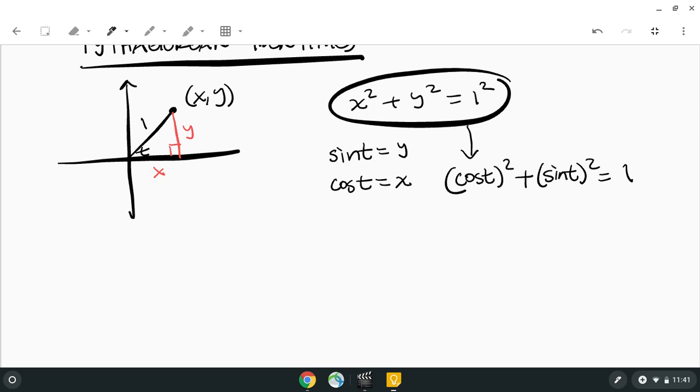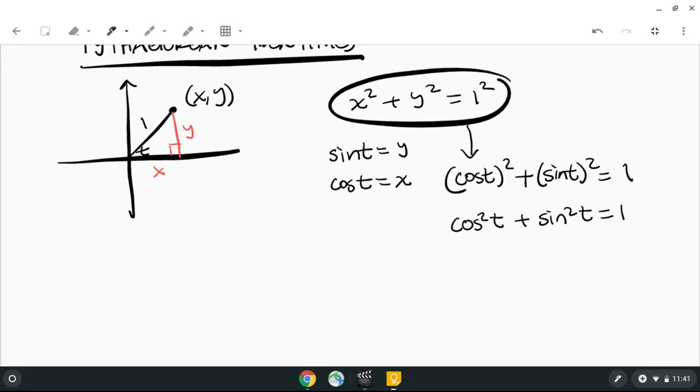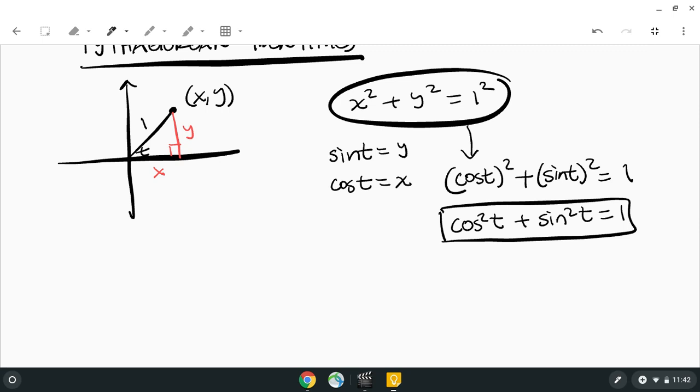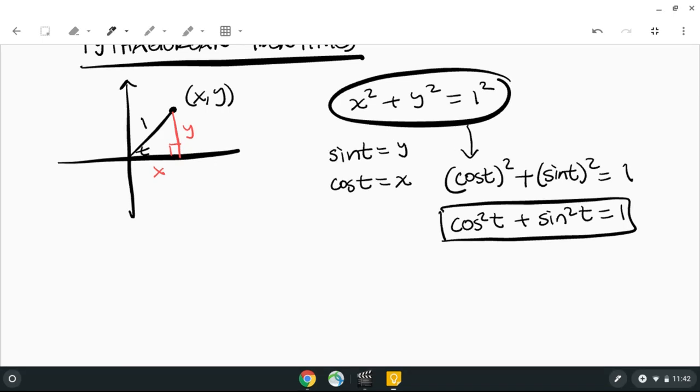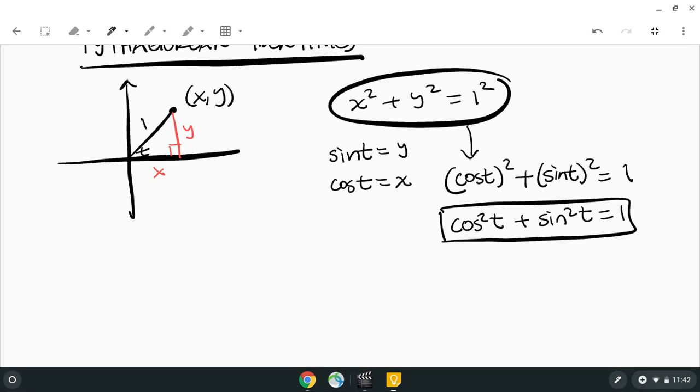Another way to write it with squares, with the exponents, is like this. That's another way to write it. Okay, so if you took trigonometry, you should be familiar with this one. It's usually written as sine squared plus cosine squared equals 1. All right, so that's our first one.